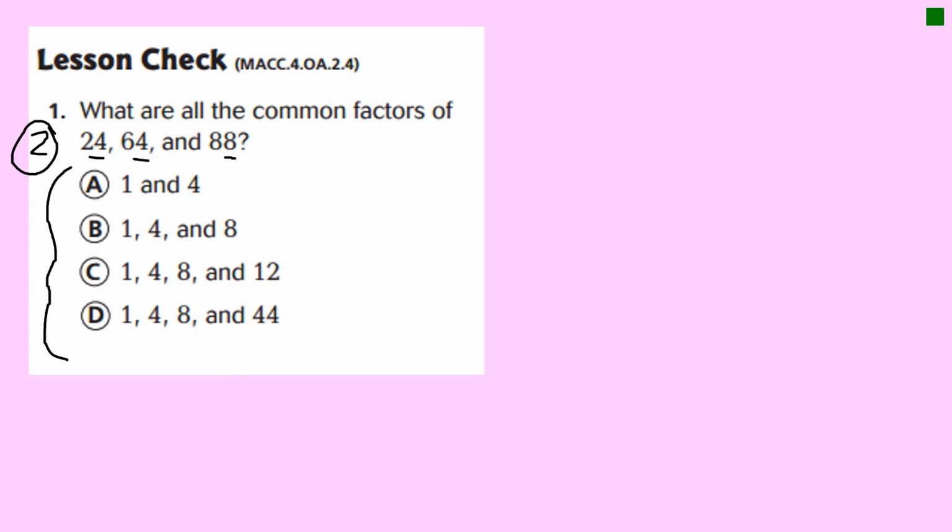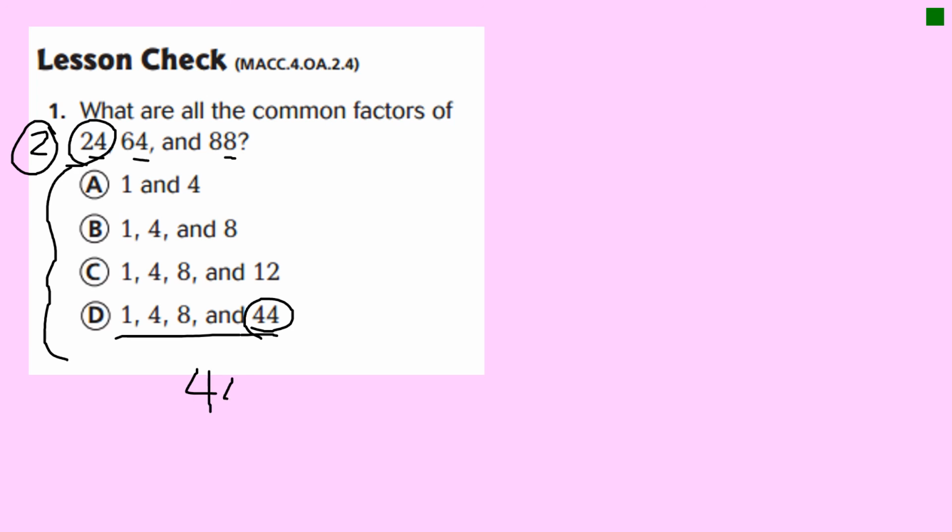It's D. Okay? Because a factor is a building number, right? So to build 24, how can I have 44 times another whole number and get 24?